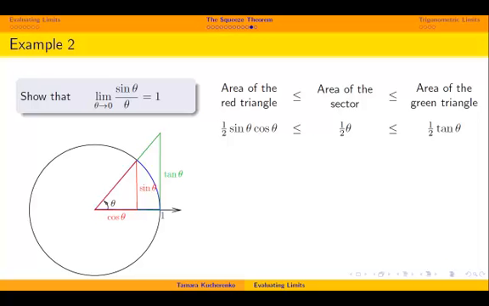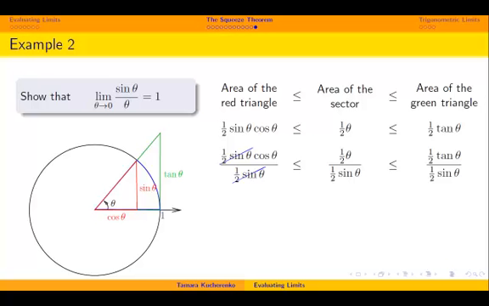We can divide an inequality by any positive number. Since we consider theta only in the first quadrant, sine theta is positive. We divide this inequality by 1/2 sine theta. Now we cancel common factors. On the left-hand side, we cancel 1/2 sine theta.